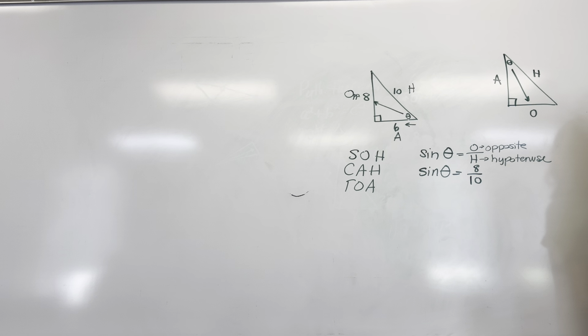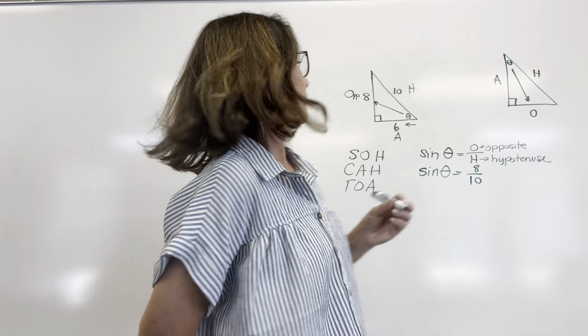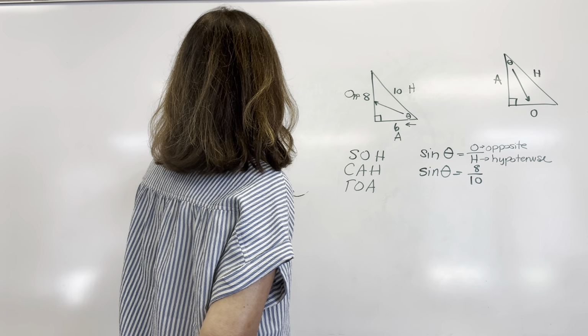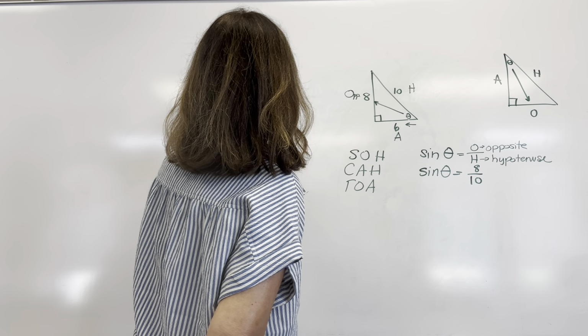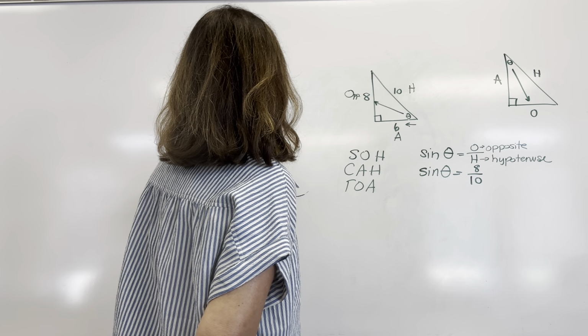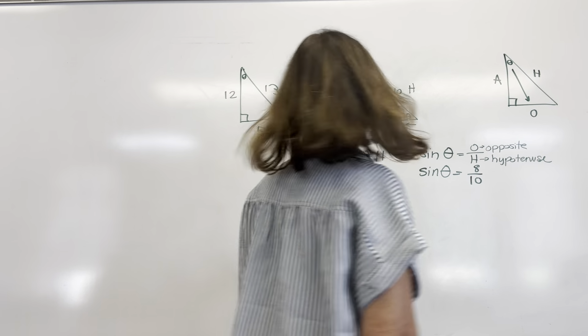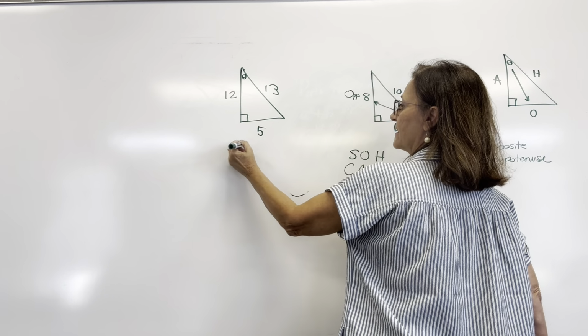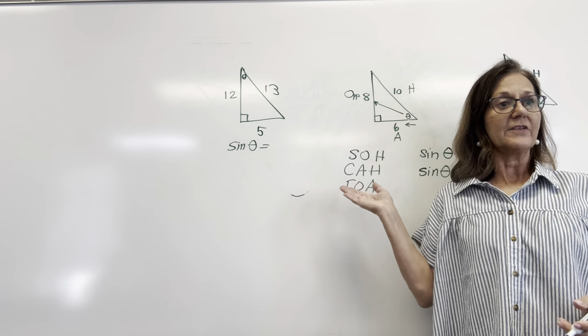Make sense so far? I could give you any triangle. We'll make that theta, and we'll do the 5, 12, 13. Here, the sine of theta equals the length of the side opposite.